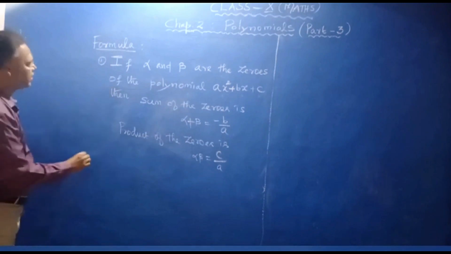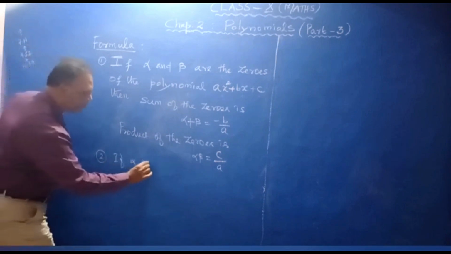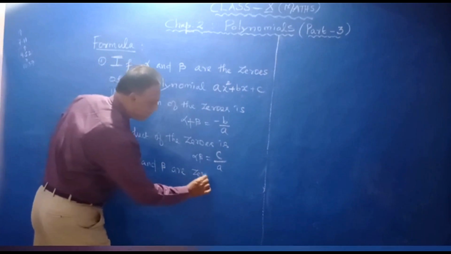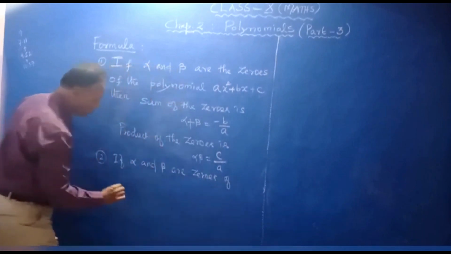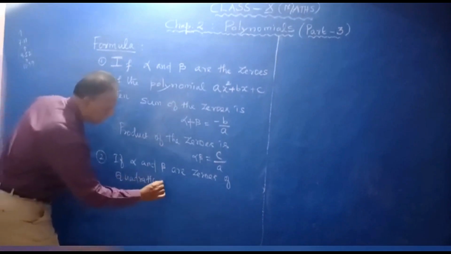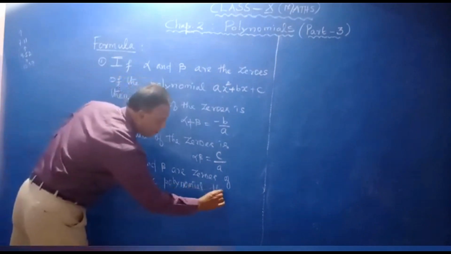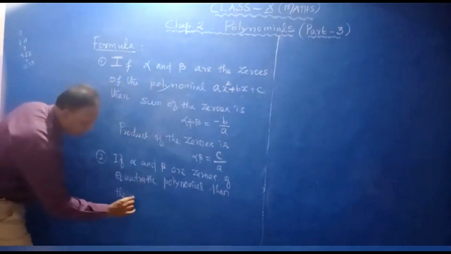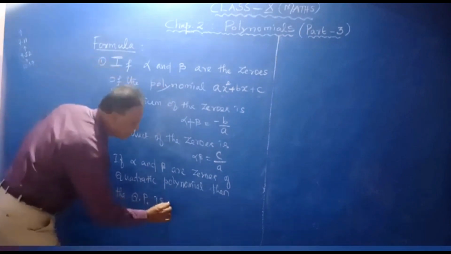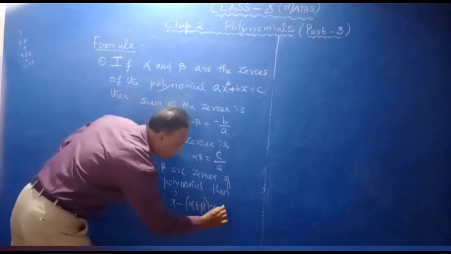Second formula: if alpha and beta are zeros of a quadratic polynomial, then the quadratic polynomial is x squared minus alpha plus beta into x plus alpha beta.